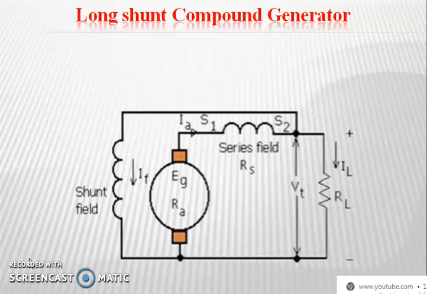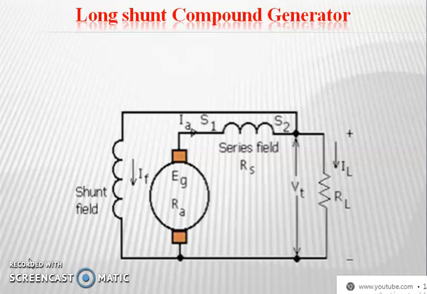Therefore, the fluxes produced by them have the same direction, that is, they are additive. Therefore, the flux produced by the cumulatively compound DC generator is phi = phi_sh + phi_se, where phi_sh is the flux produced by the shunt field winding and phi_se is the flux produced by the series field winding.